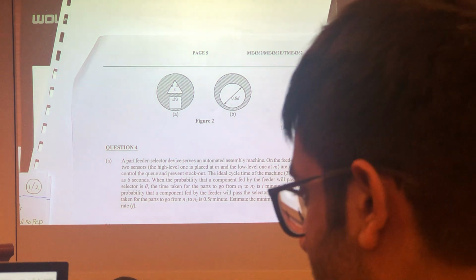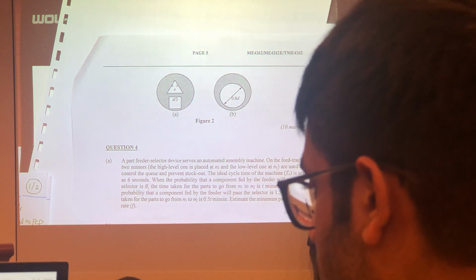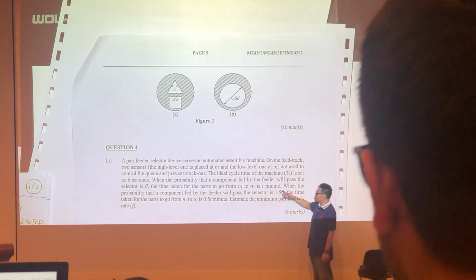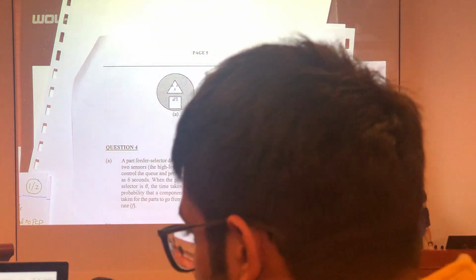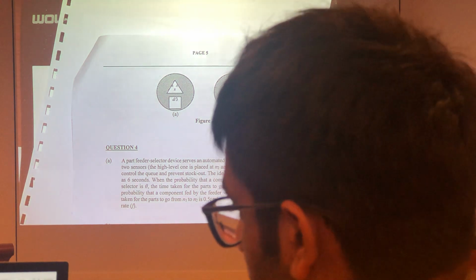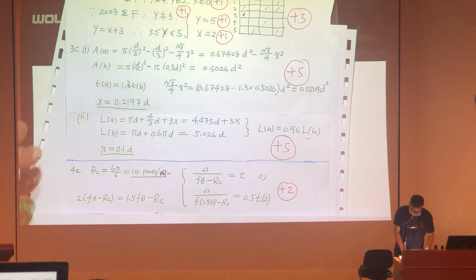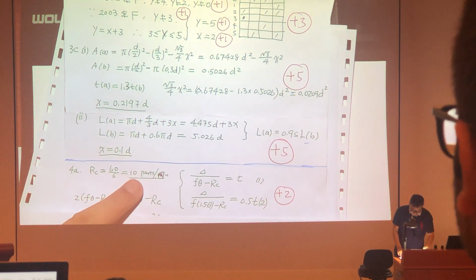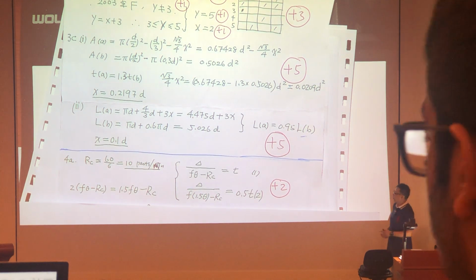Okay, so we can establish two equations: one based on this, one based on this, when theta becomes 1.5 theta. This portion there's no problem at all. So what you got? We got this.